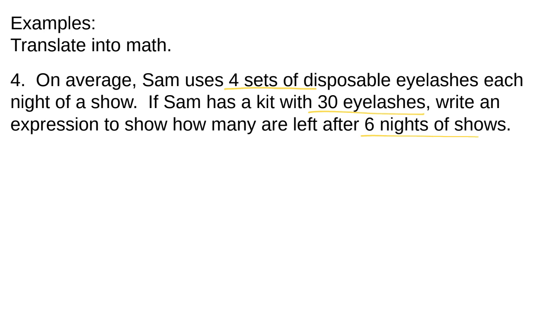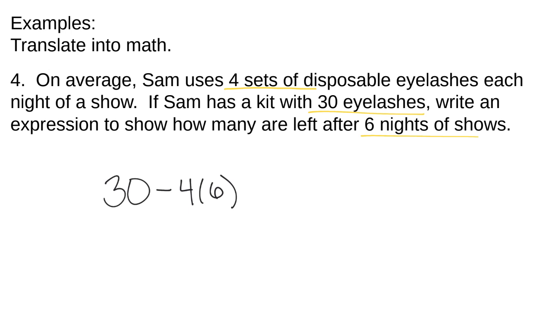So how many is he starting with? Well, he's starting with 30 in his kit. Now, every night he has a show, he's using 4 of them. 4 for each night. So we're going to get rid of some every night. We are going to get rid of 4 every night, and we have 6 nights of shows.